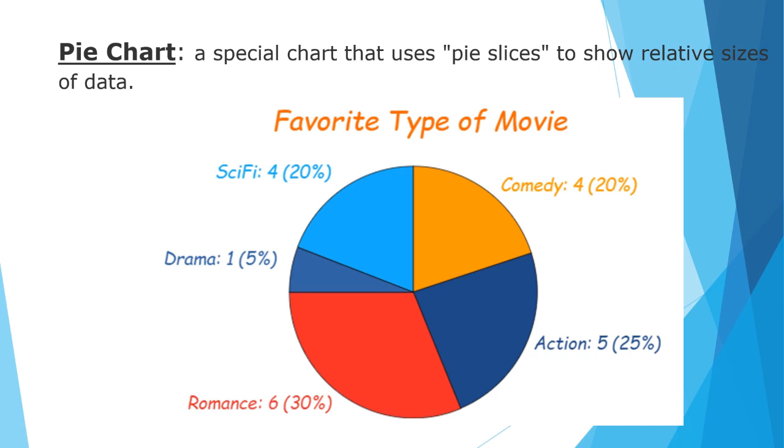So, in this case, we can easily identify that the romance has the most number of favorite type of movie. And then ang drama naman, since maliit ang area niya, ito ang may pinakamababang number of friends na nag-choose as favorite type of movie. Okay?